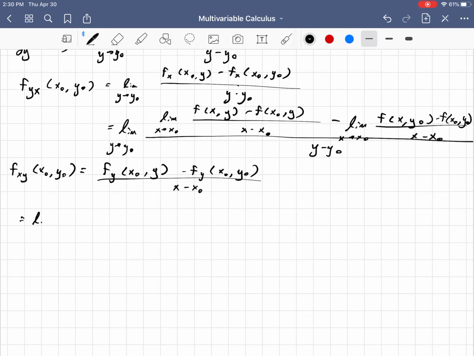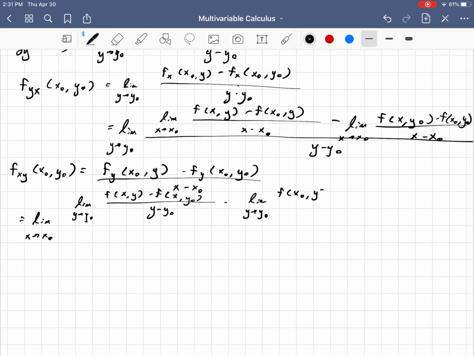So now this is going to be the limit as x approaches x naught of the limit as y approaches y naught of, now, y is going to be the variable, so we will have f of x comma y minus f of x comma y naught over y minus y naught, minus the limit as y approaches y naught of f of x naught comma y minus f of x naught comma y naught.